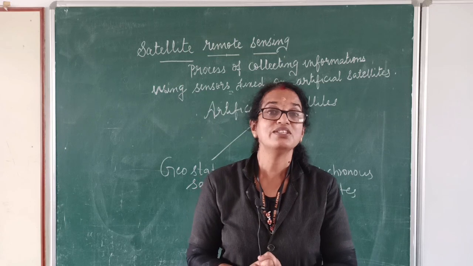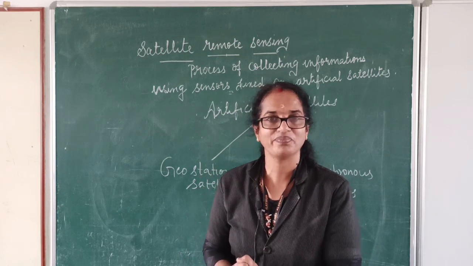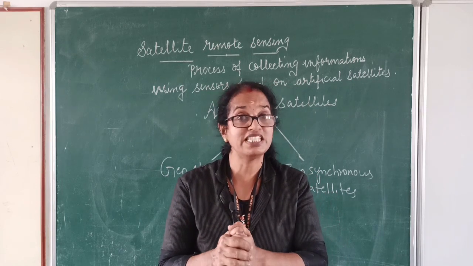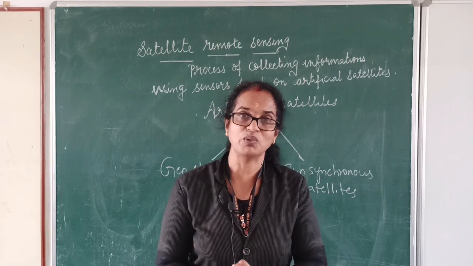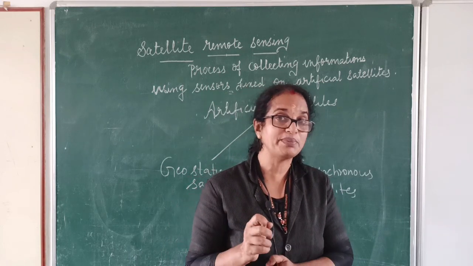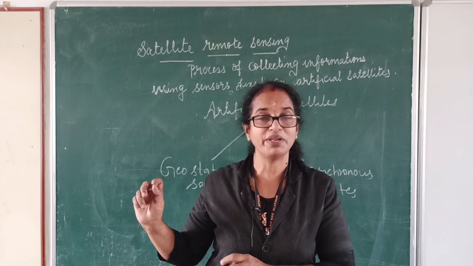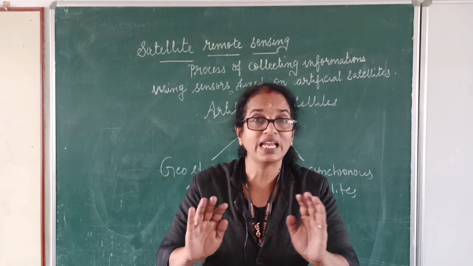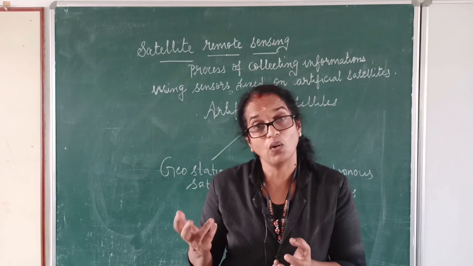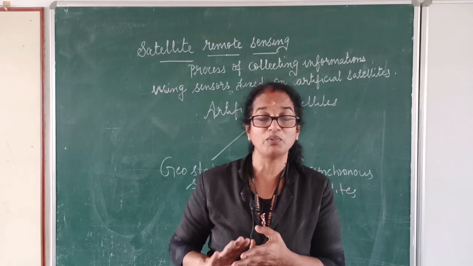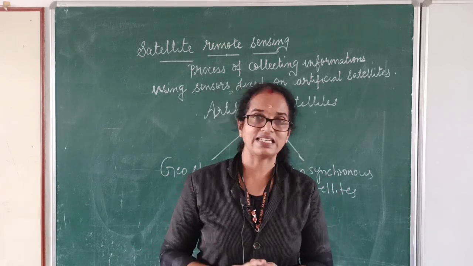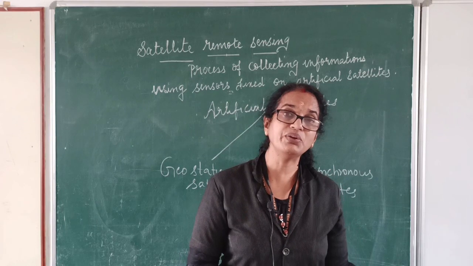So dear ones, shall we start our class? Last week we discussed the demerits of aerial remote sensing. I need not tell you what remote sensing is. Remote sensing means the method of collecting information without having any physical contact. We understood there are three methods of remote sensing: terrestrial, aerial and satellite.